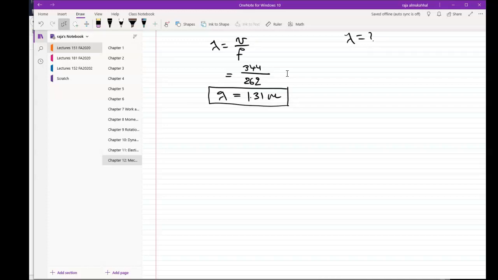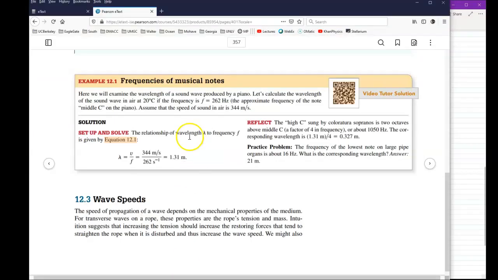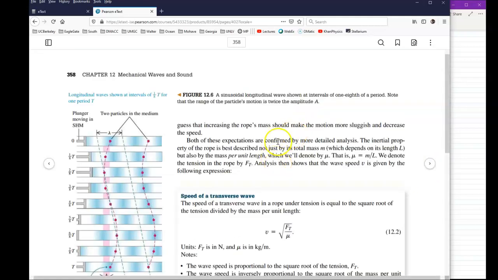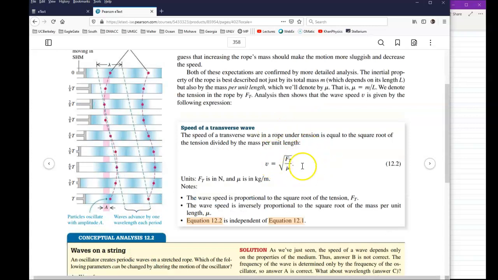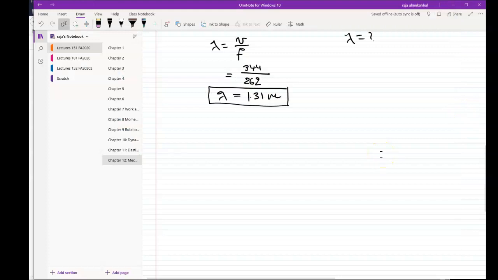Wave speeds, under the section wave speeds. Let me go back to the book. Wave speed, there we go, right here. And we have this interesting relationship right here. Let me write the formula, and then I'll talk about it. So wave speed.